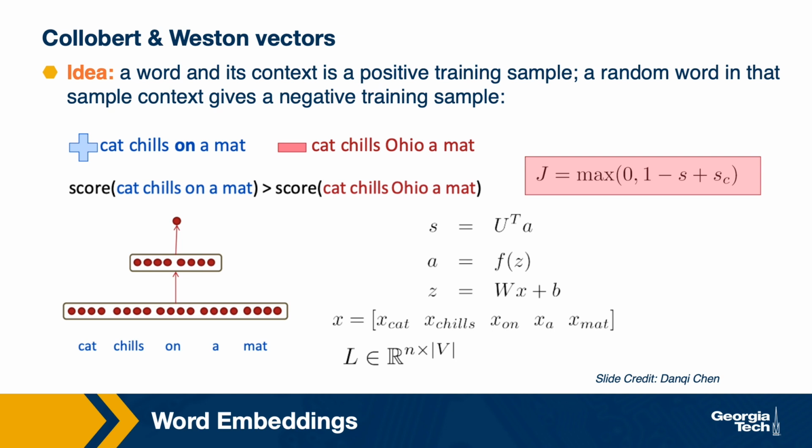Then the score is calculated by a neural net built on top of the word vectors, and we want to penalize the score of "cat chills Ohio a mat" and optimize the score of "cat chills on a mat", the positive example. So here we use a margin loss. This is similar to the ideas in support vector machines, where you want to increase the margin between the positive and negative examples.